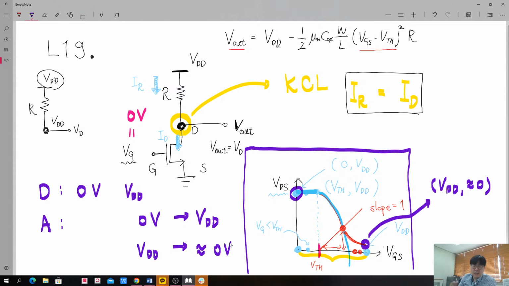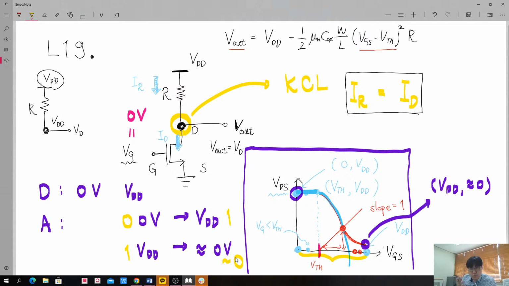Then instead of these voltages, let me introduce a certain logical notation. In this notation, we label them as logical 0 or logical 1. So if we introduce logical 0, then it will generate logical 1. And if we introduce logical 1, then this circuit will generate an output which is close to logical 0.